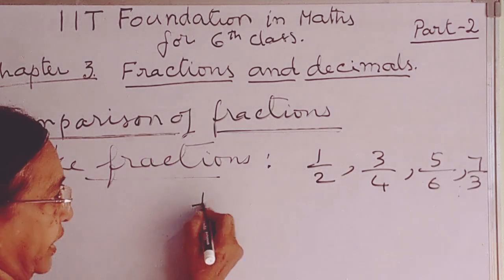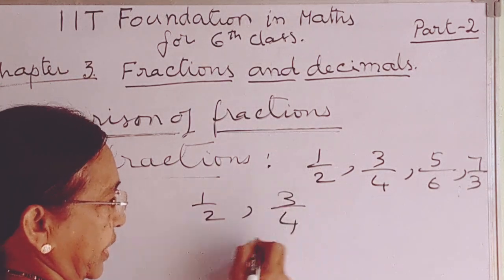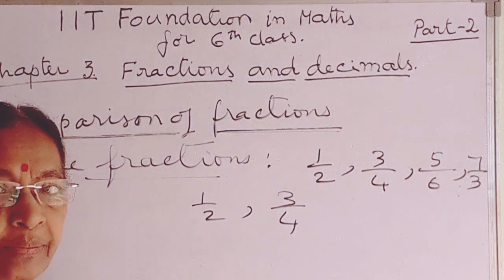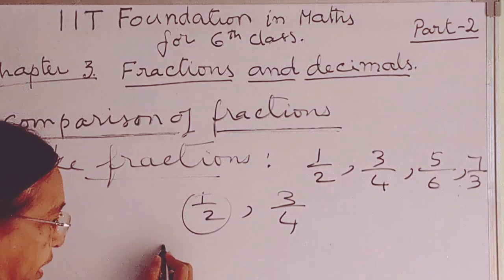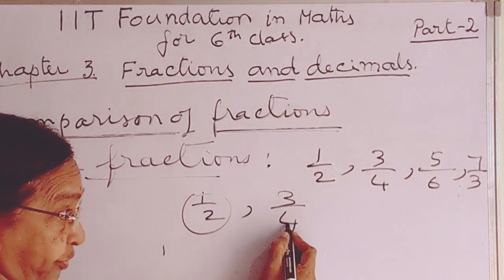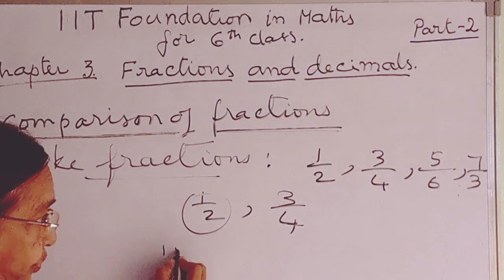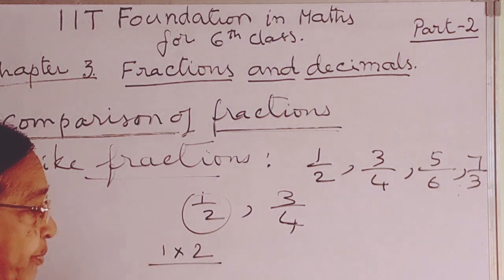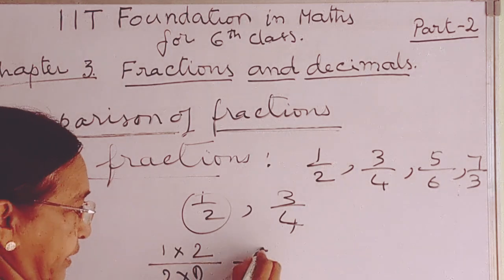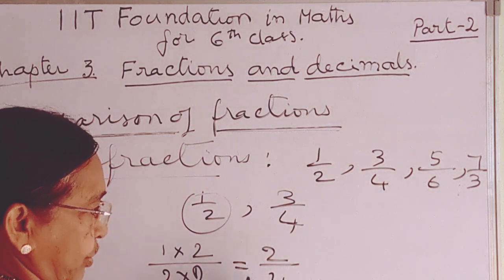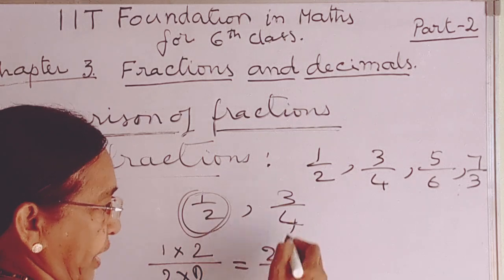For example, take 1 by 2 and 3 by 4. These two are unlike fractions because the denominators are different. So, we have to convert 1 by 2 into the fraction whose denominator is 4. So multiply both numerator and denominator by 2. Then we get 2 by 4. So this is 2 by 4 and 3 by 4.